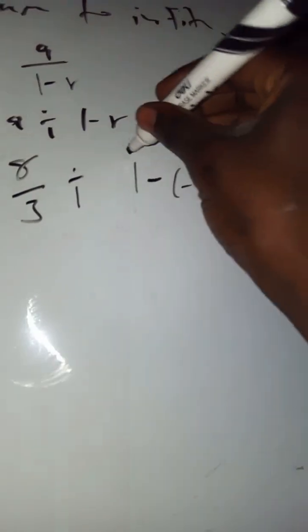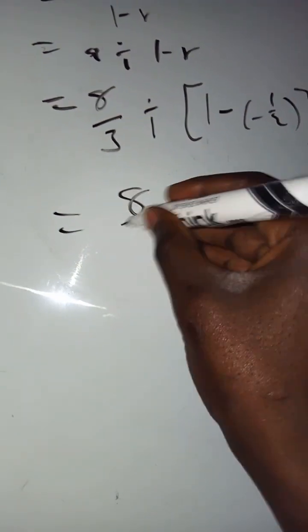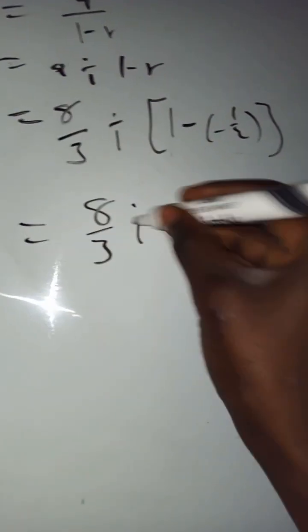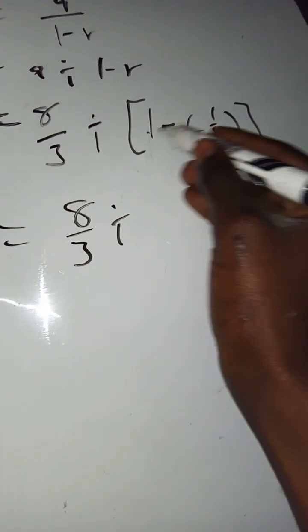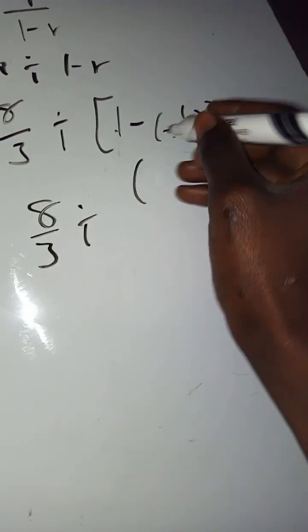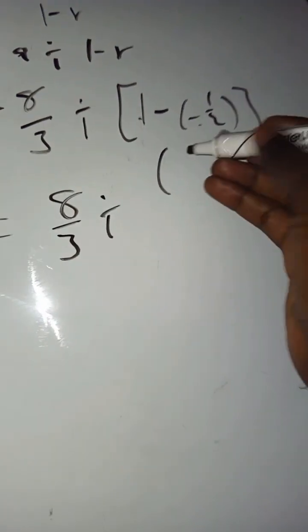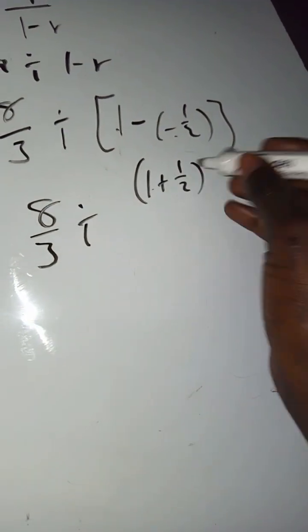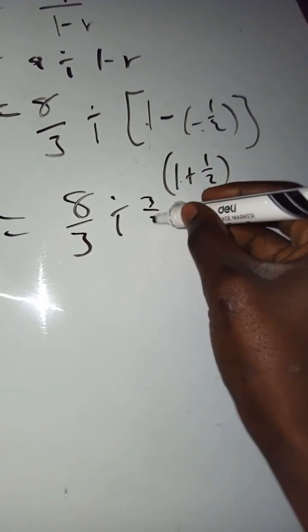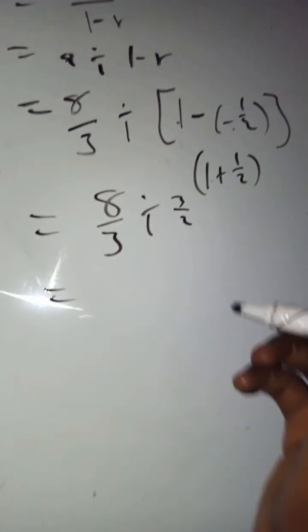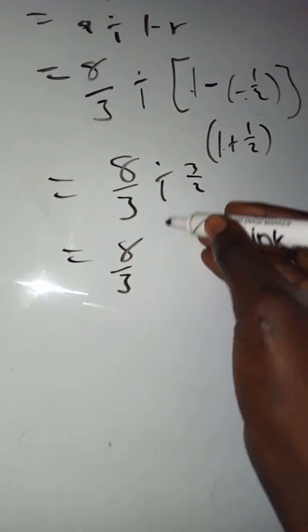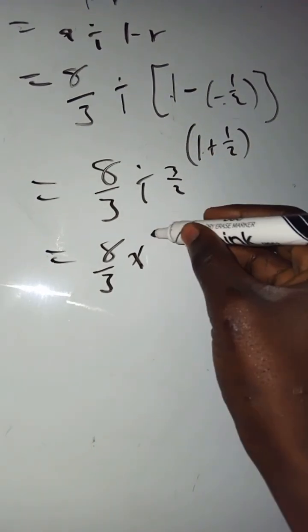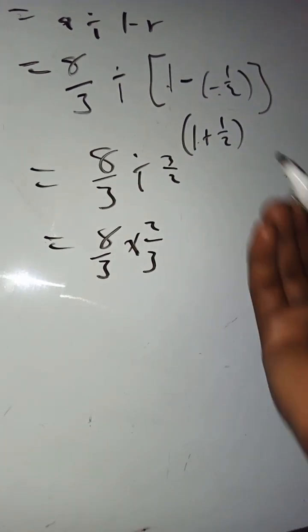So we can do this here. This would therefore be equal to 8 over 3 dividing by this and that. It will become positive, negative and negative. So we're going to have 1 plus 1 over 2. And if you add this, you have 3 over 2. This would be 8 over 3, then times what you have here, 2, to be reversed.